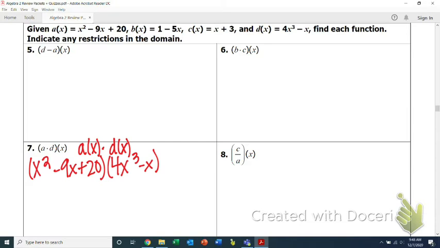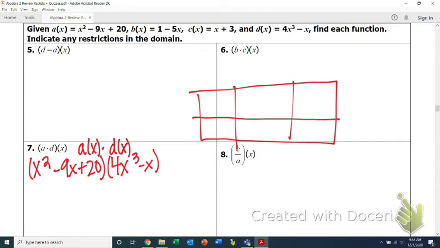I'm going to write it over here so I have enough room. This time, we have 3 rows and 2 columns because we have 1, 2, 3 terms here. So we have an x squared, a negative 9x, and a 20, 4x cubed, and a negative x.